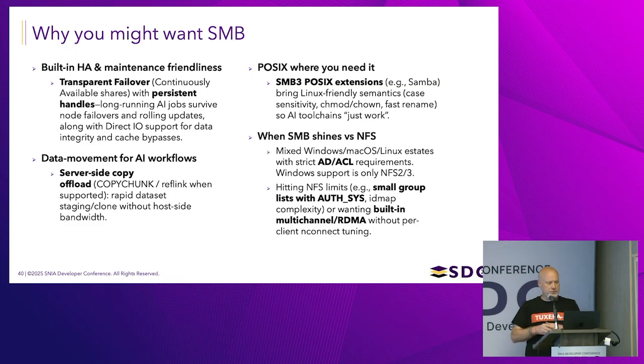You get a lot of built-in niceties of high availability with SMB in a modern world, with transparent failover, sometimes called continuous availability, and scale out. You have persistent handles, where we retain information about handles from clients and can share them between servers in a cluster, so that the loss of a node doesn't result in loss of I/O or interruption in service for your app or your copy or your read.